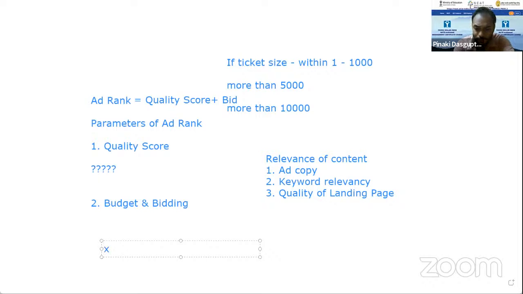One is X, another is Y. Now X's quality score, QS, is excellent, and bid is 20 rupees.